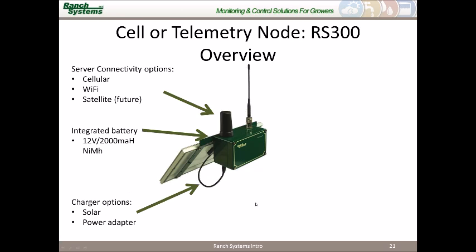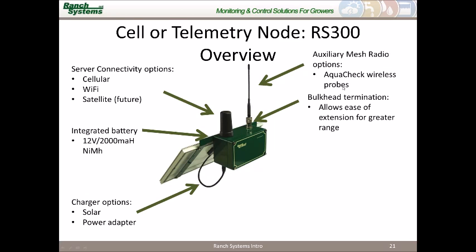It has charger options just like the base station of solar and power adapter, as well as an auxiliary mesh radio option for the Aquacheck wireless probes when available, or also for a backbone for communication to other equipment as well.